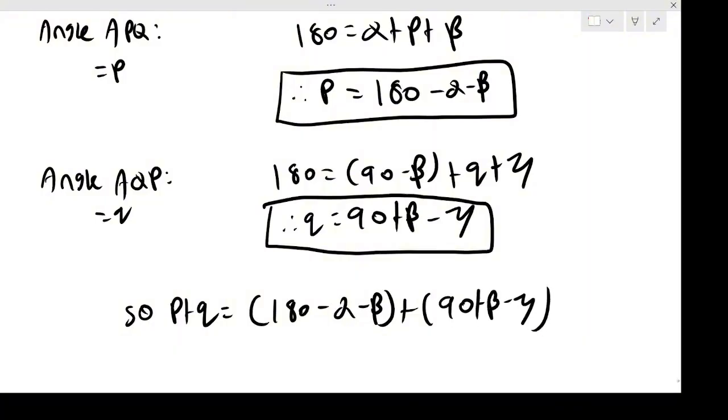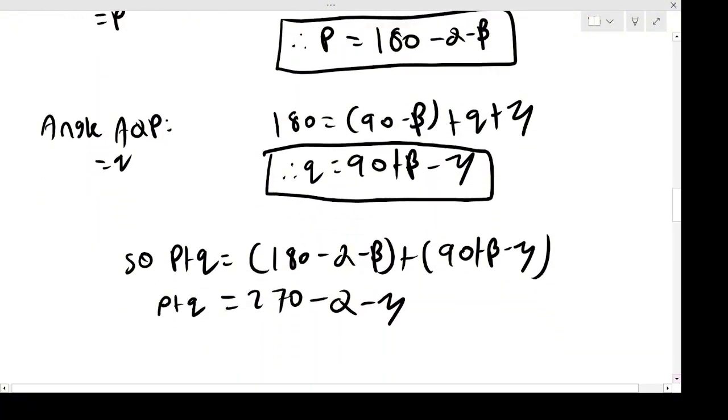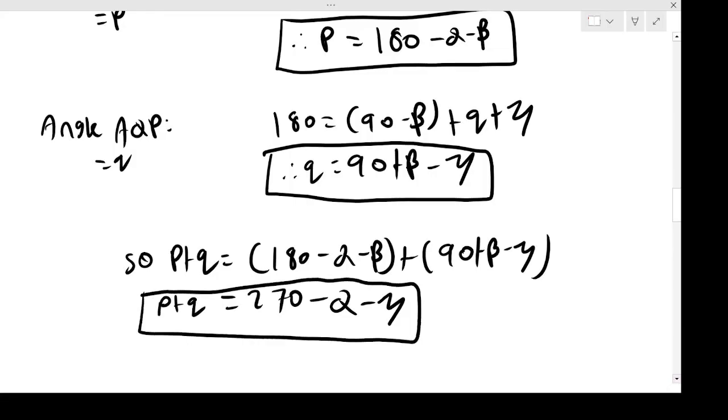Hope you're happy with that. Then if we simplify this, we're going to get 270. The betas will cancel, so we've just got 270, take away alpha, take away gamma. And there we are. So those are those two angles combined.